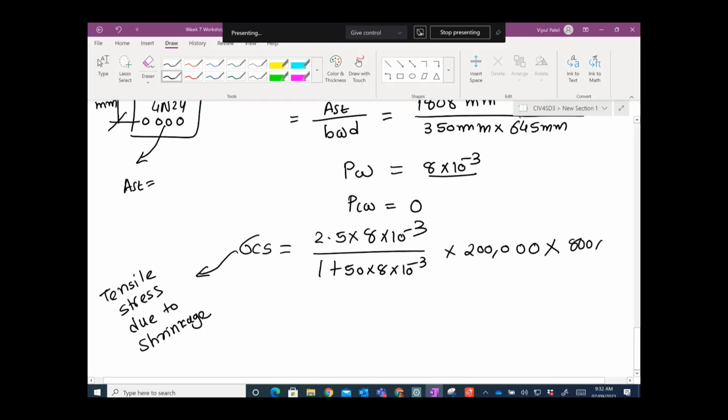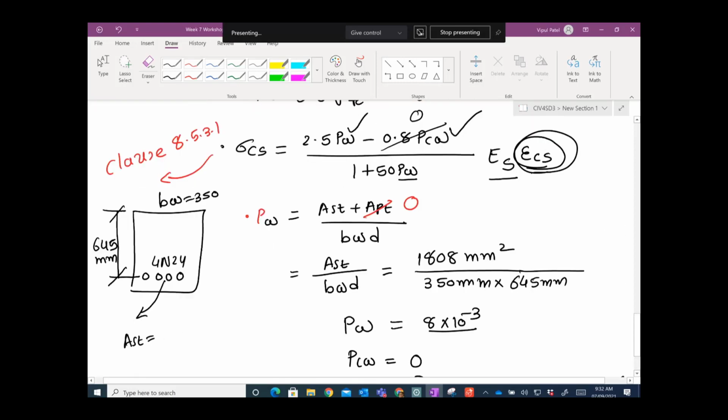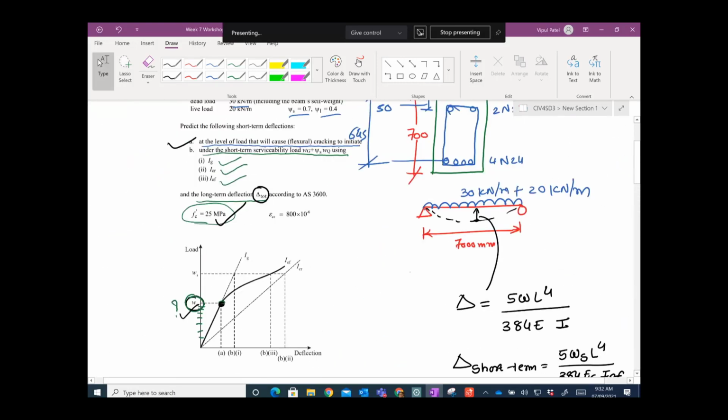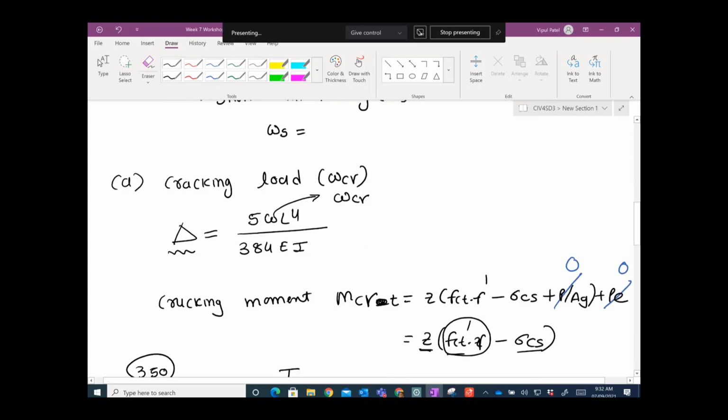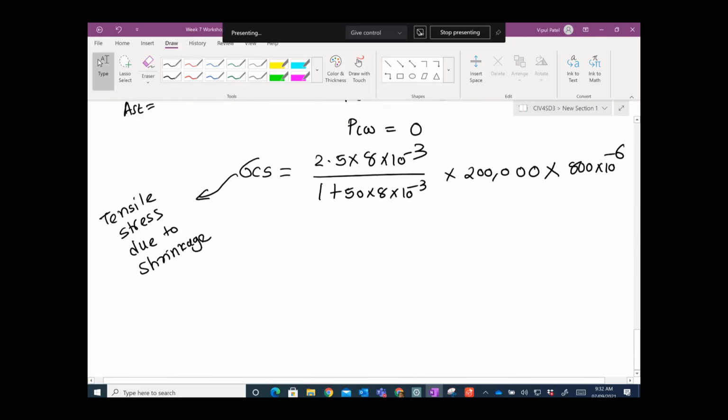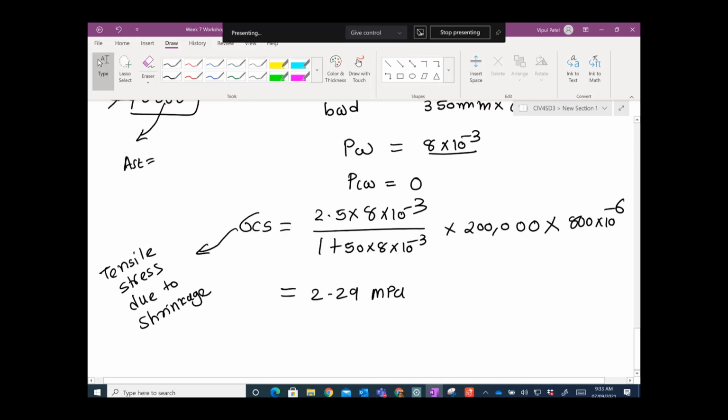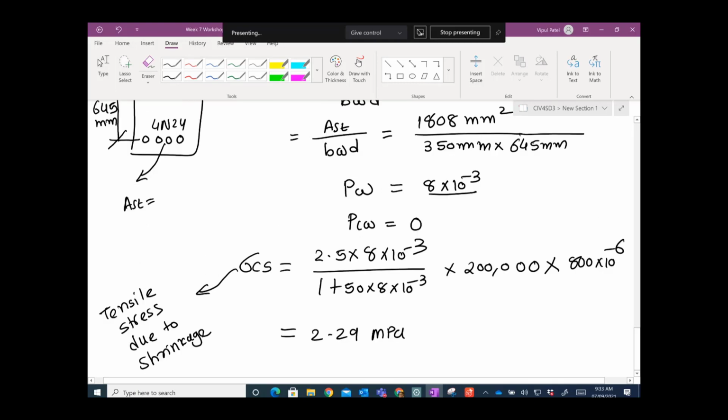I can show it to you: 800 times 10 raised to minus 6, in the question. If you just plug into the calculator, you will get 2.29 megapascals, the tensile stress of the concrete due to the shrinkage.